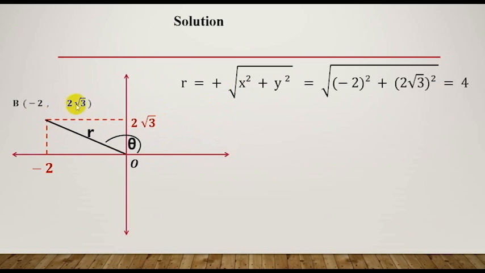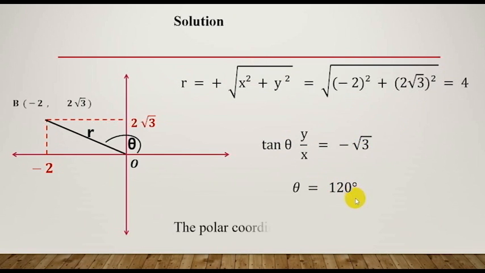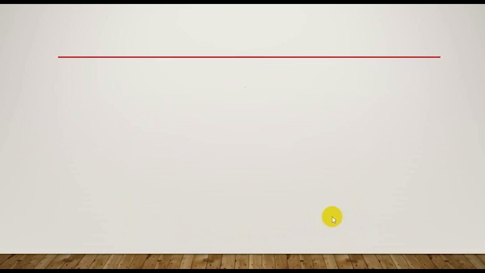We have x and y, right? So we put them under the square root with a positive sign, x squared plus y squared, the summation under the square root will give r equal to 4. And what will be theta? Tan theta will be y over x, which is negative square root of 3, and theta will be 120 degrees. So r is 4 and theta is 120 degrees. Easy, we have it like that.